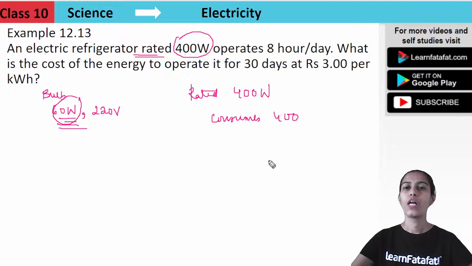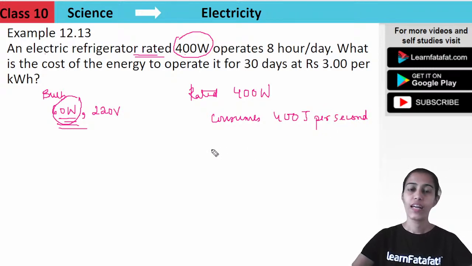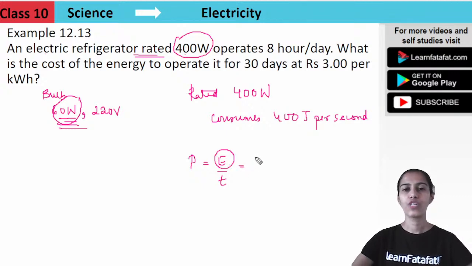400 joules of electrical energy per second. Okay, क्यों? क्योंकि you know power is energy consumed upon time. अब SI यूनिट की अगर मैं बात करूं तो एनर्जी का SI यूनिट है जूल और टाइम का SI यूनिट है सेकंड.